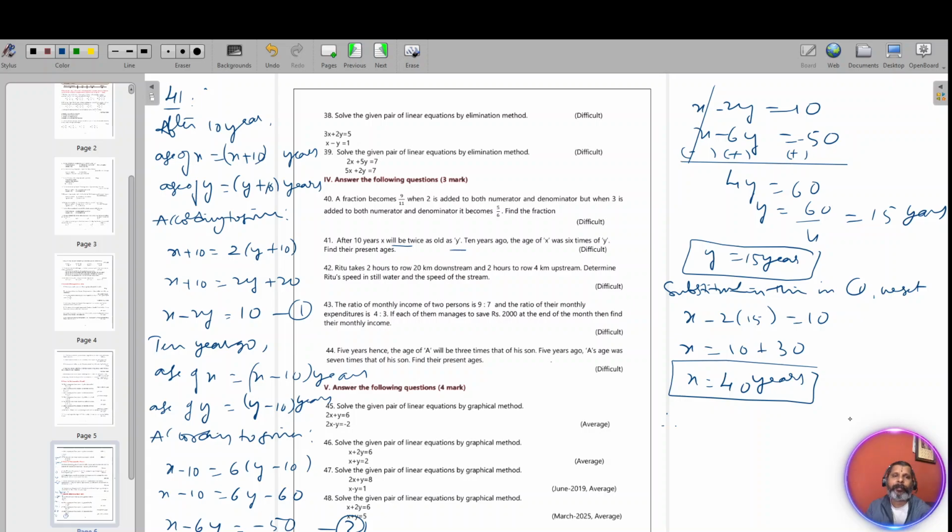You conclude the answer. Clear? In age problems, you always define first what is given, like after 10 years, before 5 years, hence from now. That part you define. Then you construct the equation according to the given. Present ages: x equal to 40 years, y equal to 15 years.